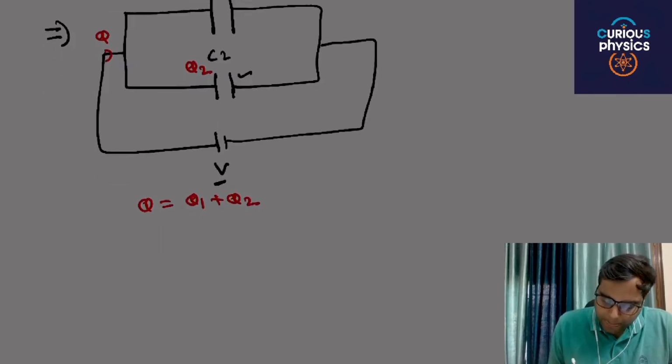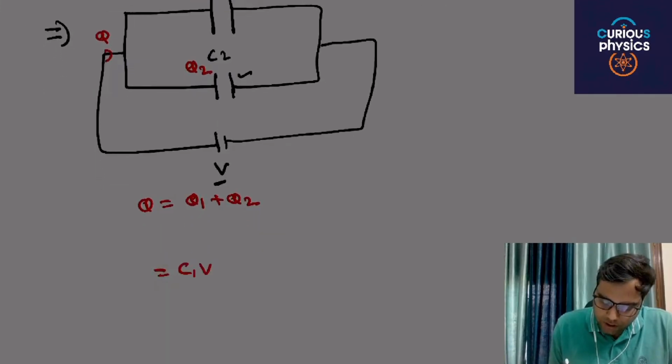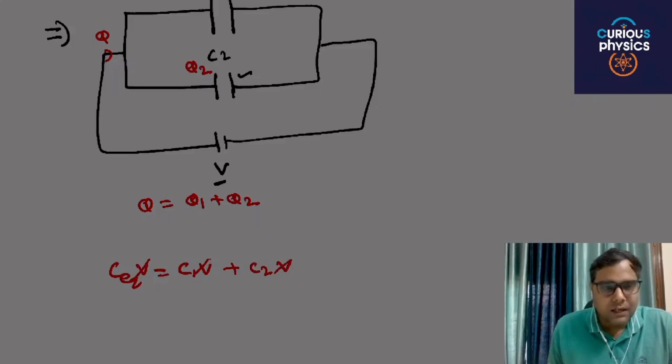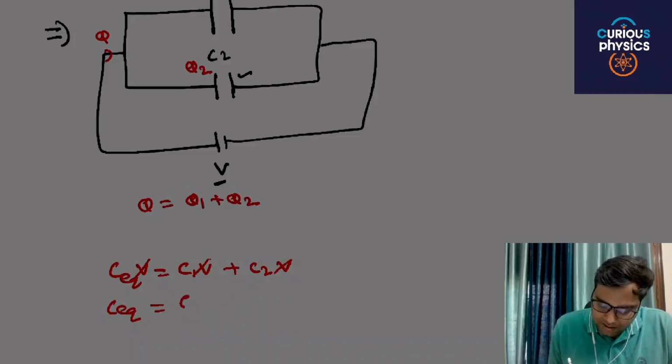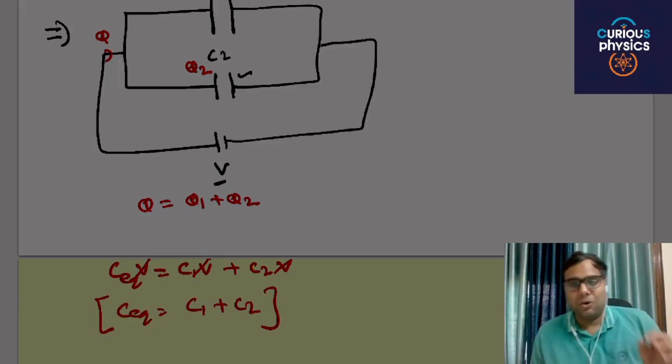So simply you can write Q is equal to C1 V plus C2 V, which is C equivalent times V. So V will cancel, and in parallel combination, the capacitance is C1 plus C2. C equivalent is equal to C1 plus C2. This is the basic idea behind the parallel combination.